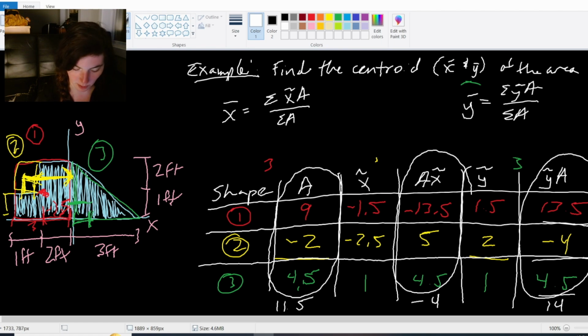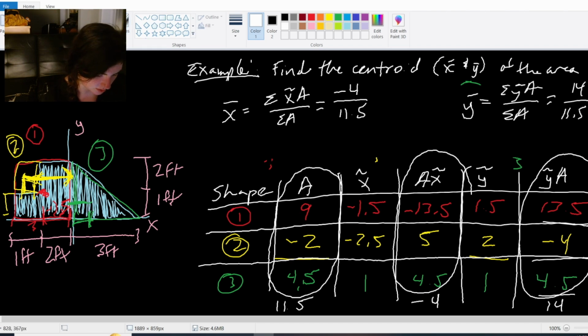So I can pop these into my equation. I have my -4 over 11.5, my x bar, my x centroid. And then I can plug into my y, and that's going to be 14 over 11.5, so that I get my final answers.